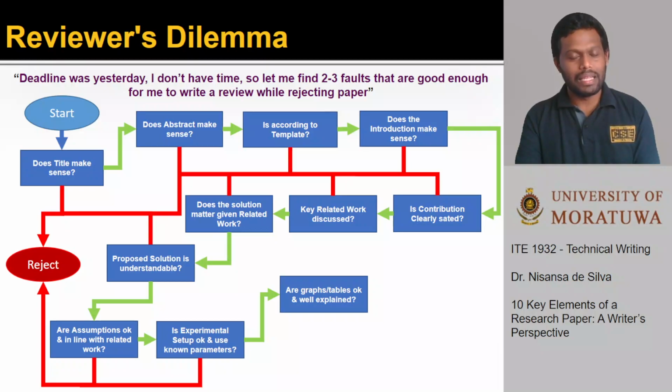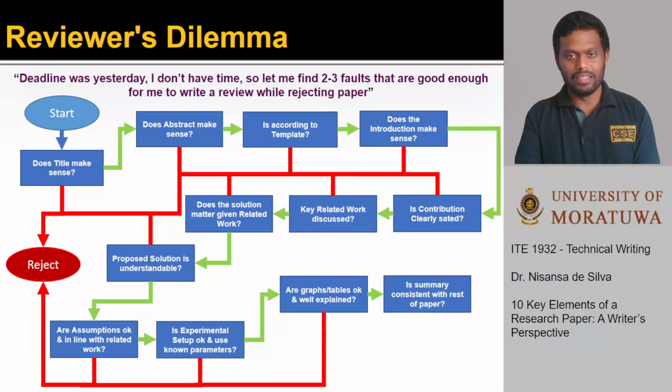You need to explain them in your text. So anything that is not mentioned in the text is not going to count towards the contribution of your paper. They will just write that table 1 is never discussed and reject it. If they are, then you look to see if the summary is consistent with the rest of the paper.